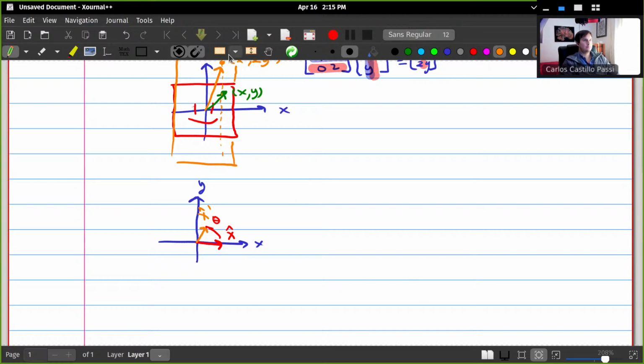If we zoom in, like in CSI, to this part, we have the vector x hat prime, we have the vector x hat, the angle theta, and let's say that this is 1, 0, where it will land after the transformation.